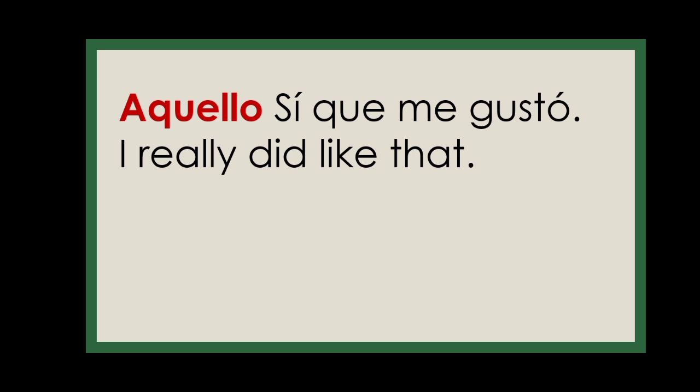Aquel, aquella, aquellos, aquellas, meaning that and those, are used to indicate things and people that are further away. Lastly, the neuter pronouns esto, eso and aquello are used to talk about things that you don't recognize or to refer to a statement or idea. They never have an accent.